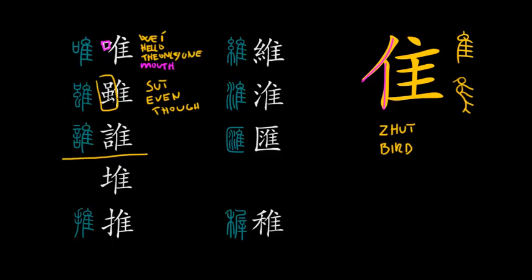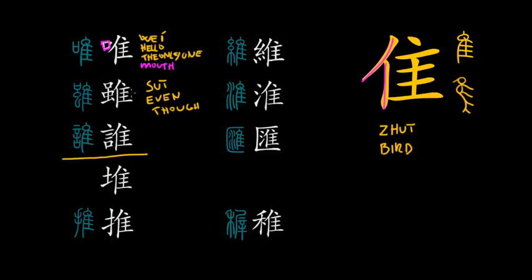The reason why the semantic element is a lizard with a big head is that originally this character used to represent really a lizard, and only because the pronunciation of the word lizard in ancient Chinese was very close to the pronunciation of even though, this character came to be chosen to represent even though, because even though, as we know, is a very abstract sort of expression.